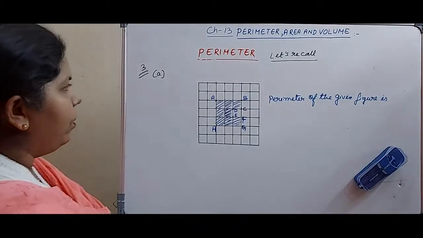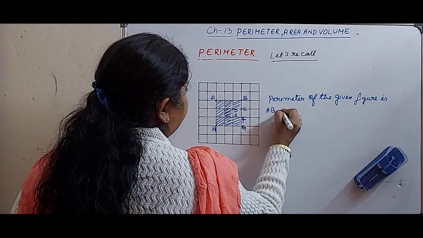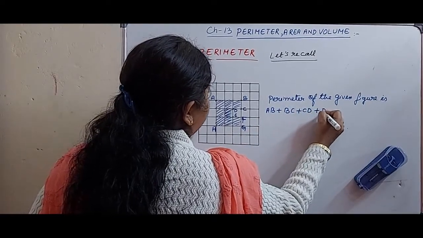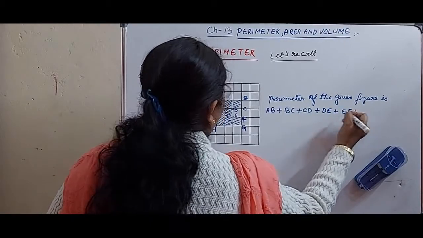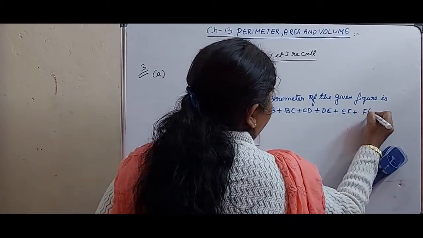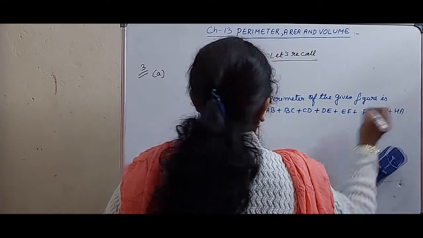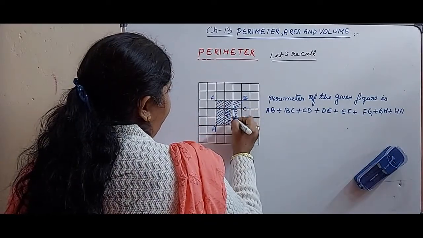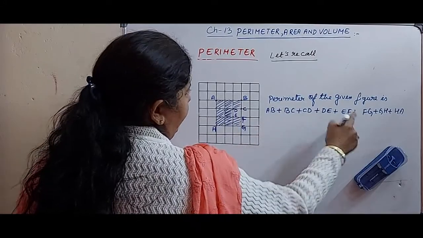Now what we have to do: perimeter of the given figure is AB plus BC plus CD plus DE plus EF plus FG plus GH plus HA. 1, 2, 3, 4, 5, 6, 7, 8. So we have 8 sides here.